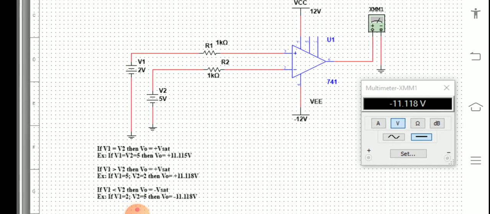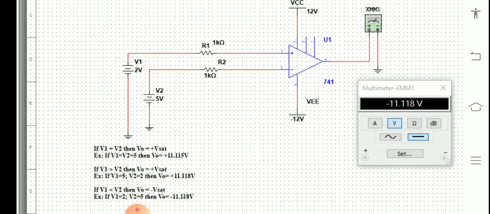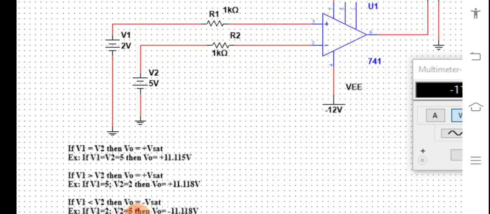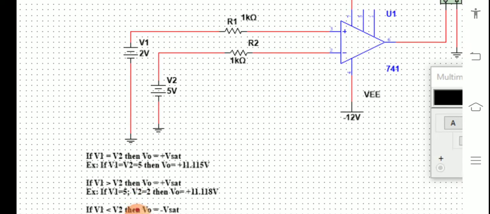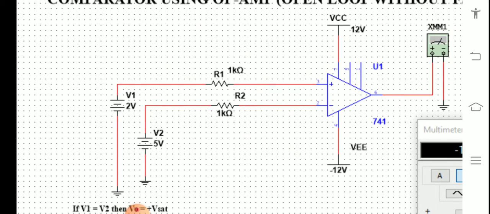When your input V1 is equal to V2, that is when you are taking V1 as 5, equal to your V2, your output will lie at plus V saturation. When you are given 12 volt, your V saturation value will be nearly 12 volt.